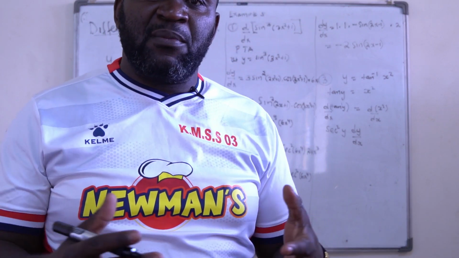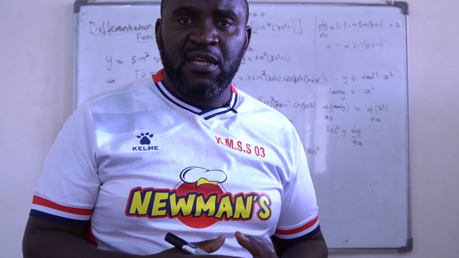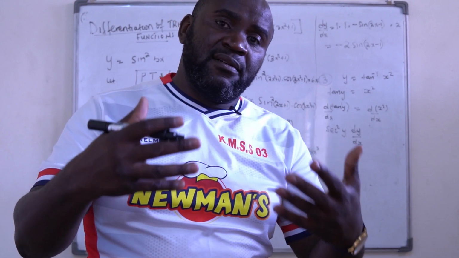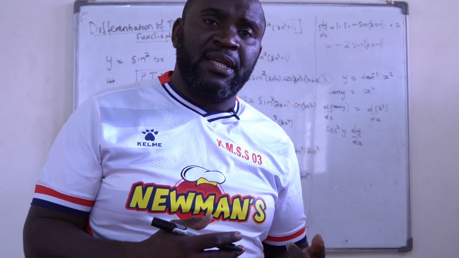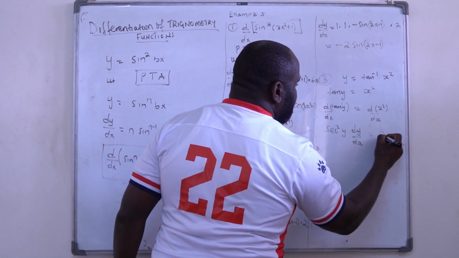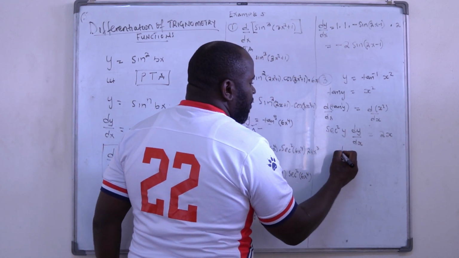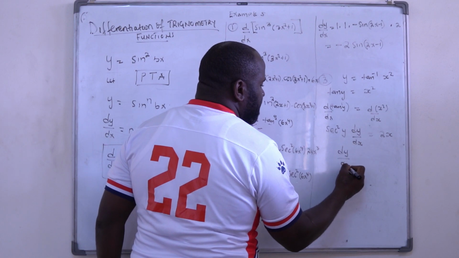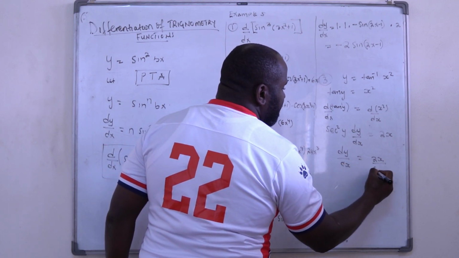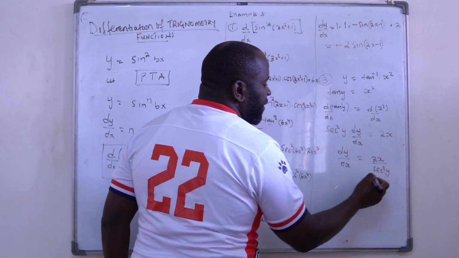If you check out some of our videos, you'll find those videos which have some of the definitions of the earlier techniques of differentiation in Backhouse 1. Whereas when I differentiate x squared, I get 2x. Therefore, dy dx, the answer is going to be 2x out of sec squared y.